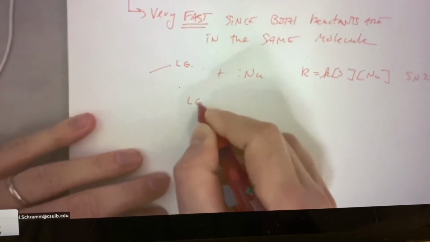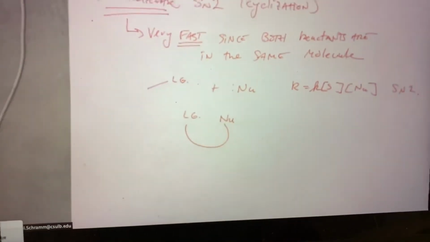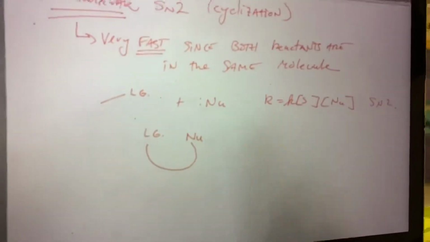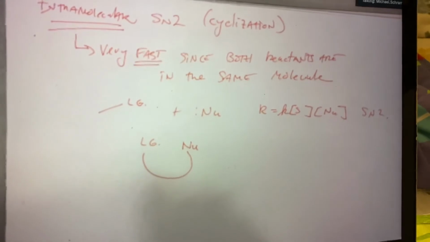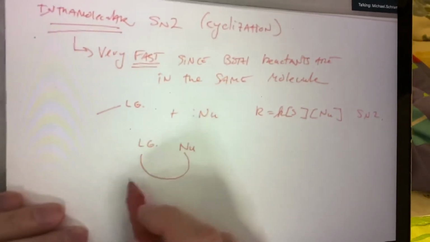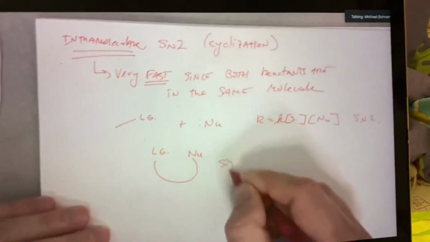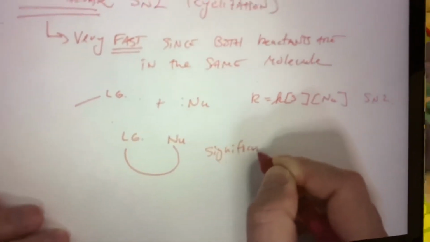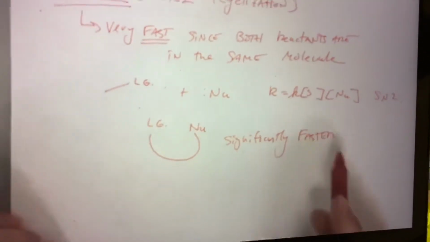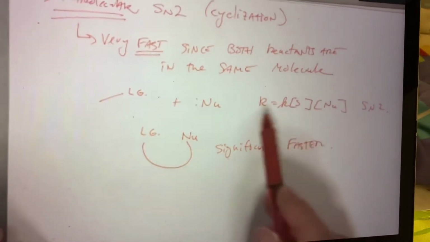If the leaving group and the nucleophile are in the same molecule, the kinetic equation is much different. It's no longer a function of these concentrations of one another. And so this type of scenario of these two finding each other is significantly faster. You probably didn't learn about this in general chemistry. You learned about these simple rate equations and different factors influencing how fast rate goes.